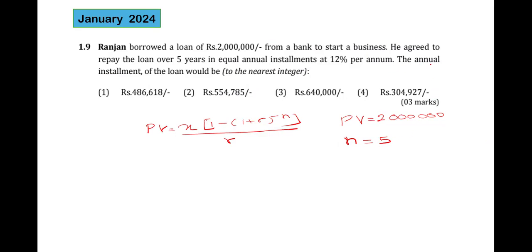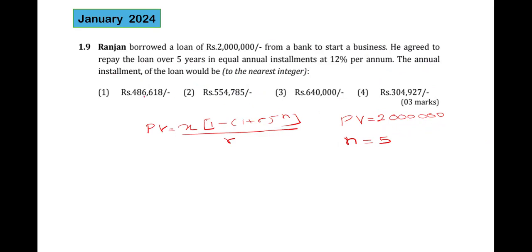If it were a monthly installment, then it should be 60, because the loan is over 5 years, and with monthly installments you pay 12 each year, for 5 years, 60.